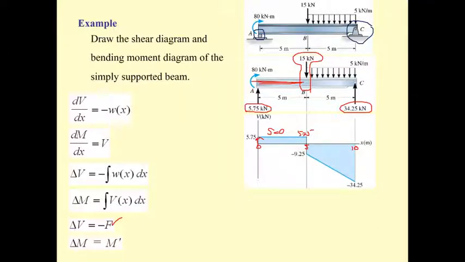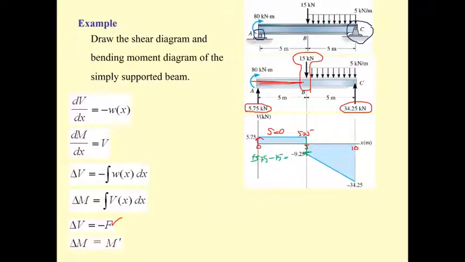So this one will move down by 15. Okay, the value here is going to be what? We are going to have plus 5.75, and then minus 15. So you get this of minus 9.25.